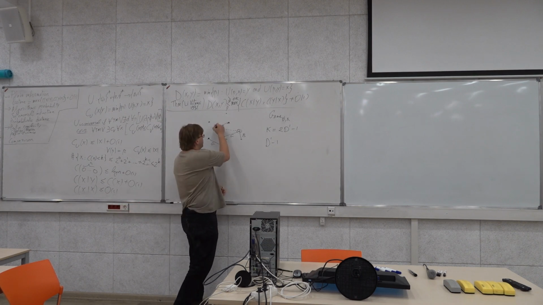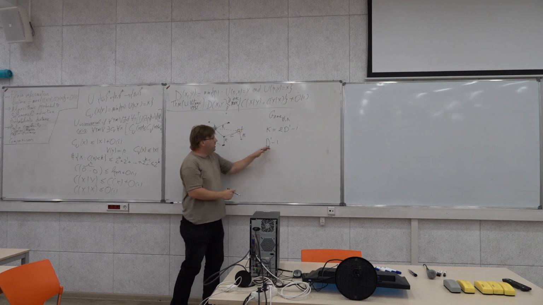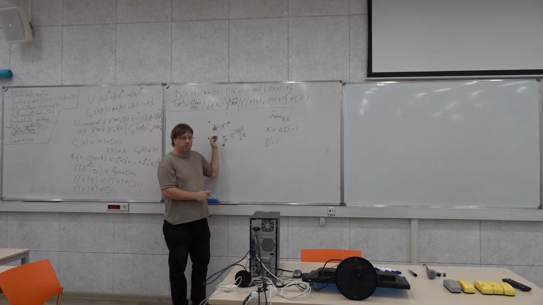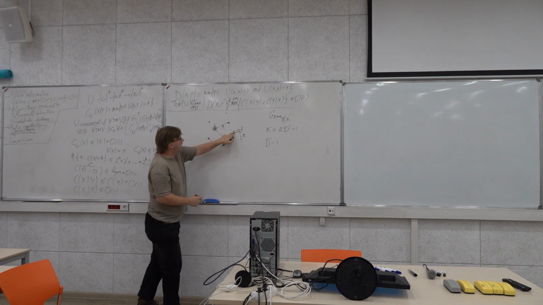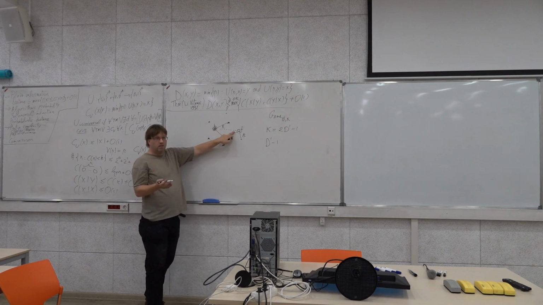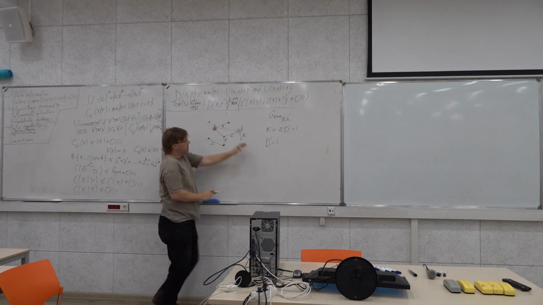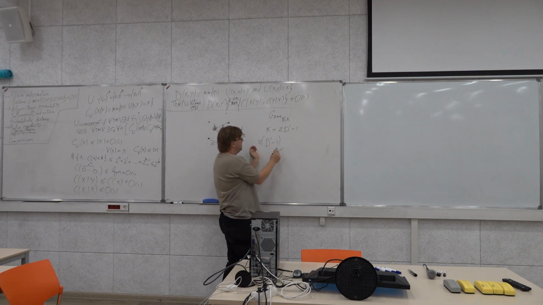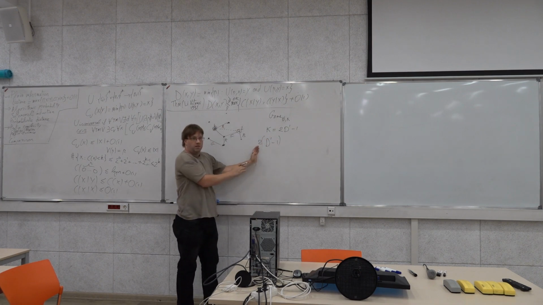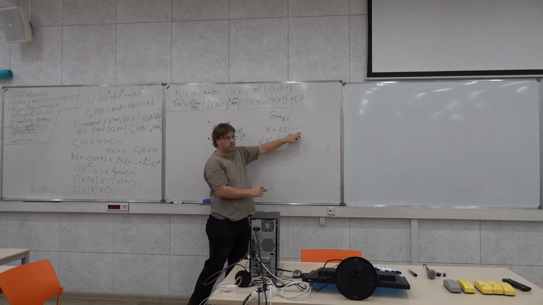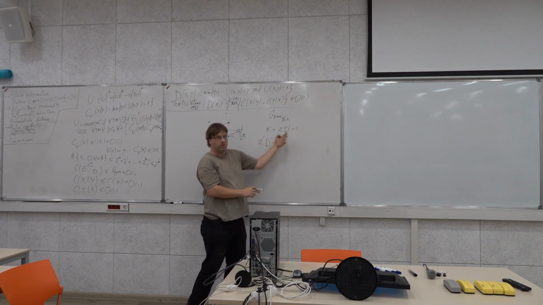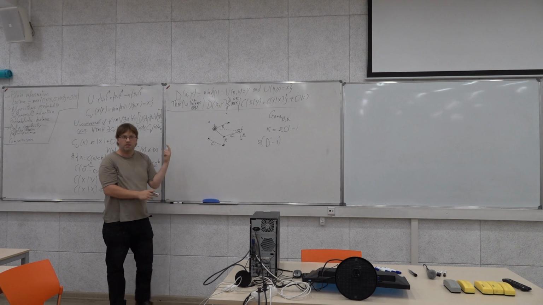So both the left and the right node have D prime minus 1 colors assigned to them. And we need to color this edge with a color so that no node has two edges with the same color. So at most 2 times this many colors can be unavailable. But we have 2D prime minus 1 colors available, so we always have 1 color left.